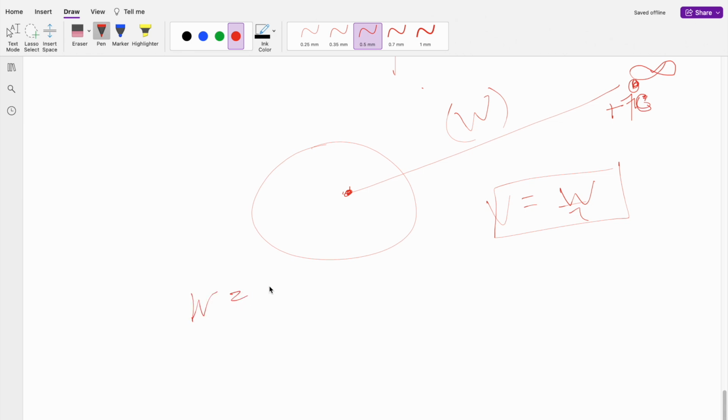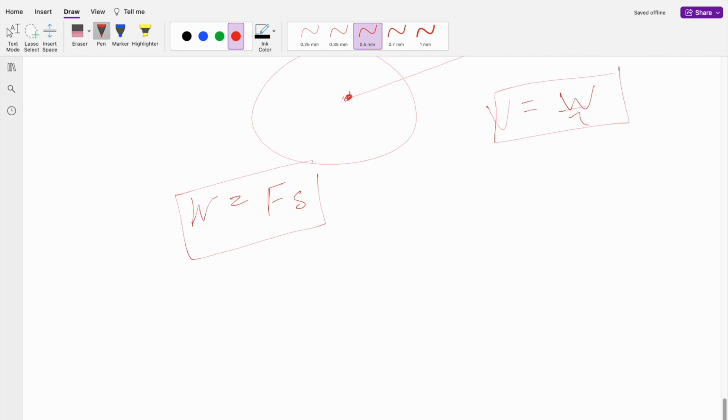The work equation actually is represented as F times s, right?